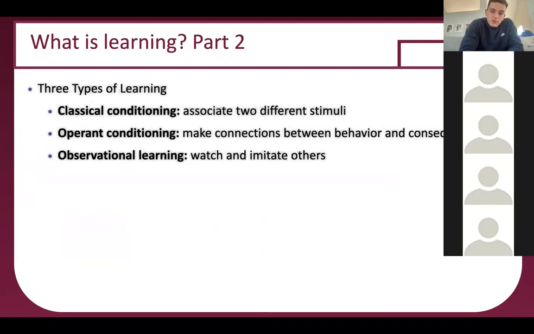Operant conditioning connects those stimuli to the behavior and the consequences that will come from that behavior. And then observational learning is watching and imitating others, and how we pick up behaviors and beliefs from models in our life, not just parental figures, but also people that we admire.